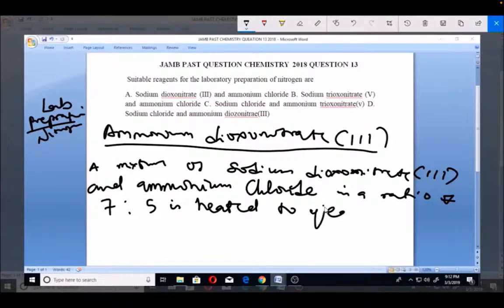When you heat this mixture, you will now yield ammonium dioxonitrate 3.